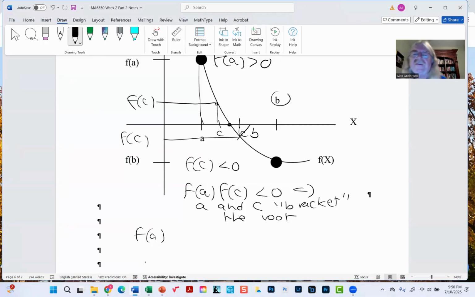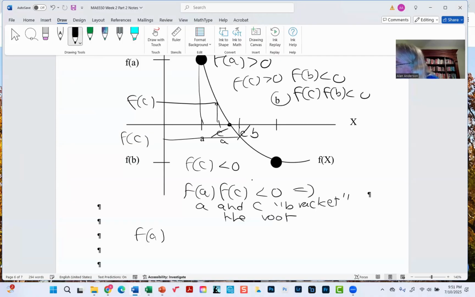So now the new f of C has the opposite sign of f of B. The new f of C is positive, f of B is negative. Their product is negative. So now all of a sudden, this C becomes the new A. And then we need another midpoint and another and another and another.